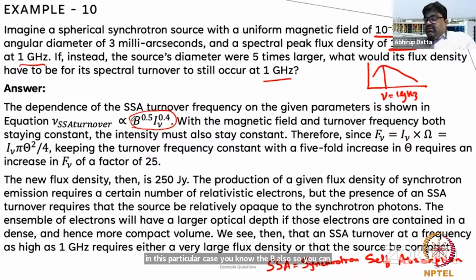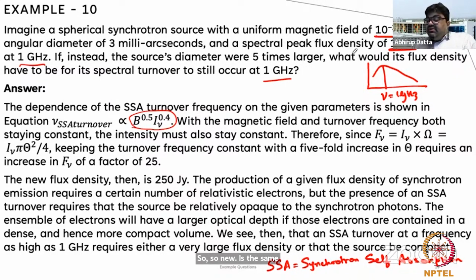And then you ask the question that if the source diameter would have been 5 times larger, what would its flux density have to be for its spectral turnover to still occur at 1 gigahertz. Okay. So nu is the same.